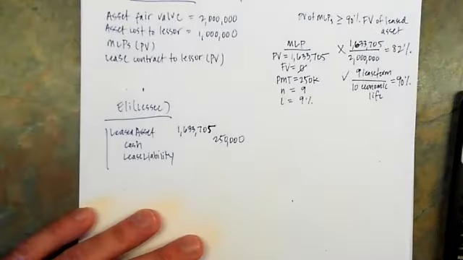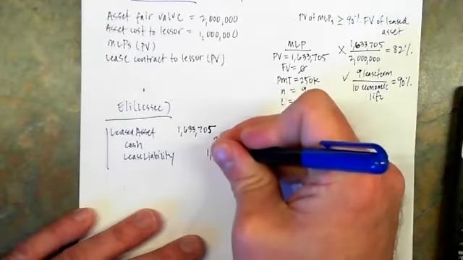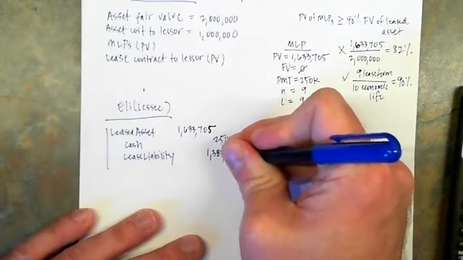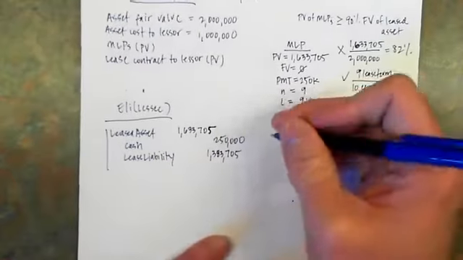So in that case then, 1,633,705 less the $250,000. It would be $1,383,705.